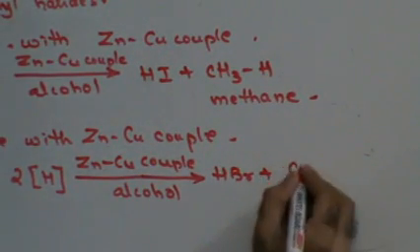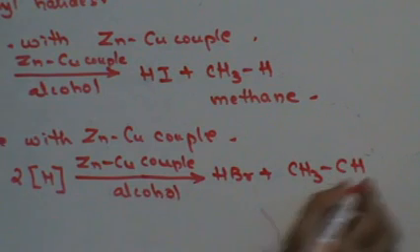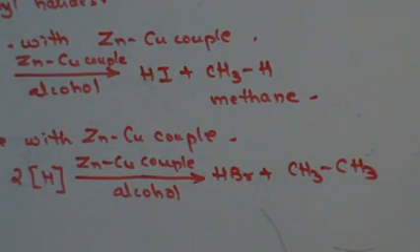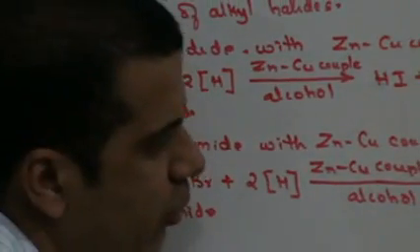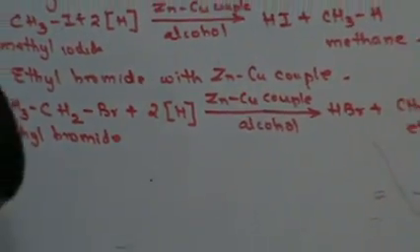So in that case you will have CH3, CH2 was there. These 2 hydrogens will combine with 1 more hydrogen to give you CH3. This was ethyl bromide, and this is going to be ethane. Fine, do we get this in here?